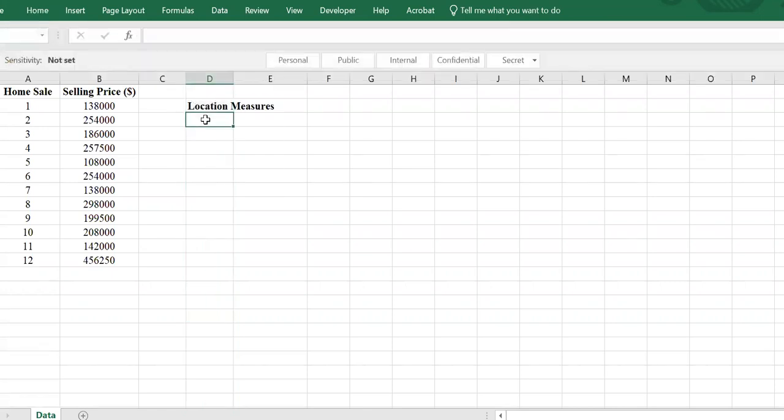Location measures: we have mean, median, and mode.